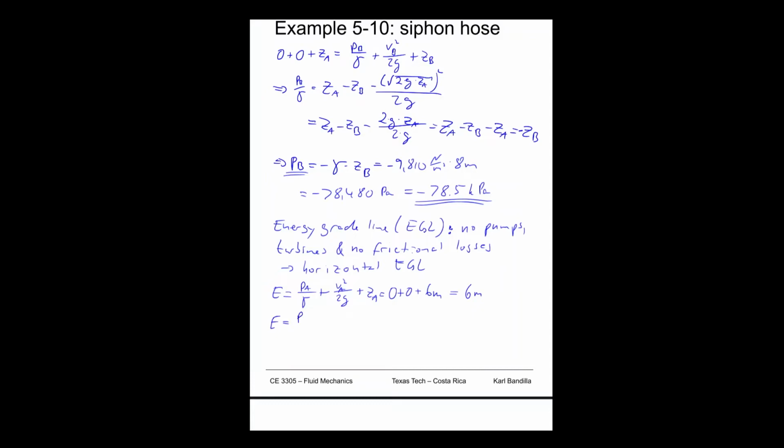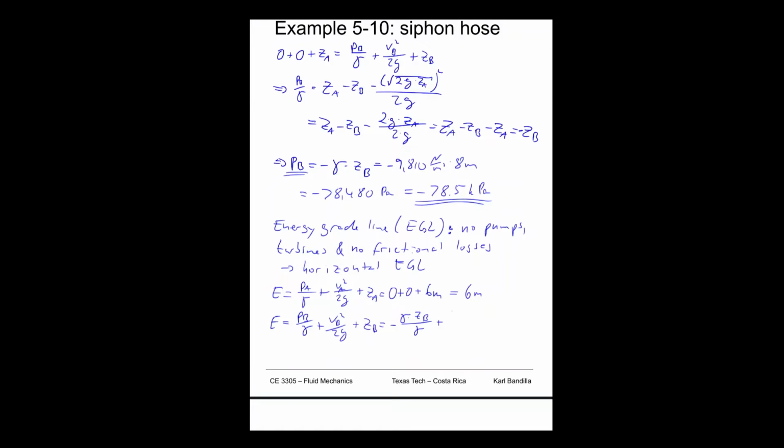All right, so if we put it at point B, it'd be PB over gamma plus VB squared over 2G plus ZB. So now, of course, we do get a pressure. We figured out what the pressures are up there, so it'll be minus gamma times ZB over gamma. That was our pressure. Then our velocity at B is the same as velocity at C. So we see the same thing happens here.